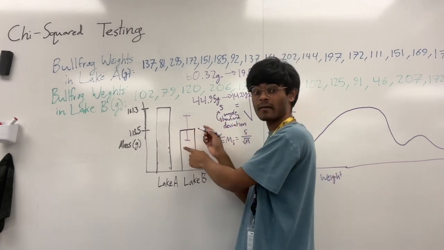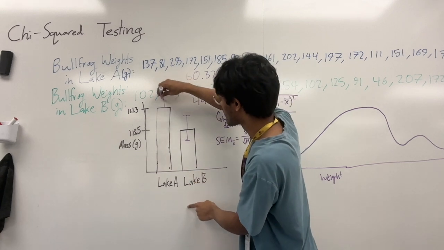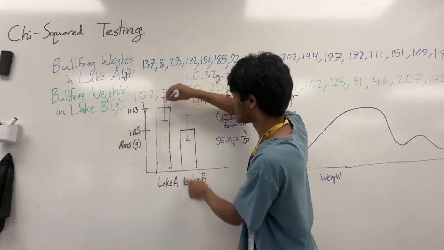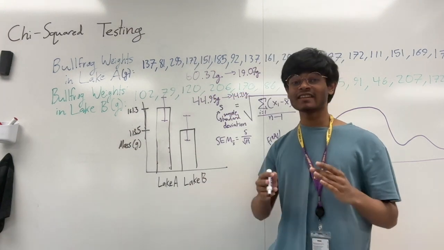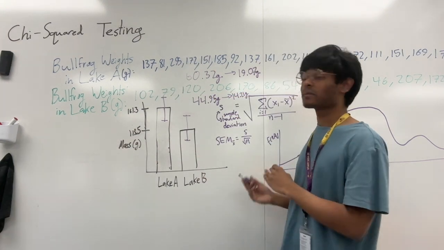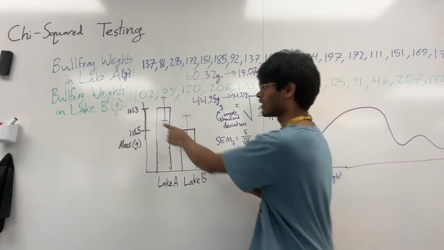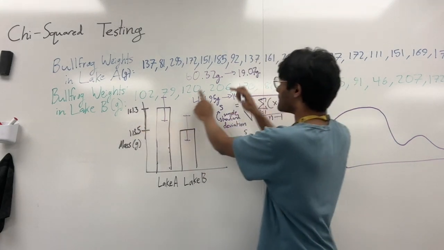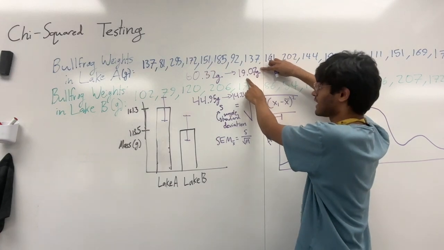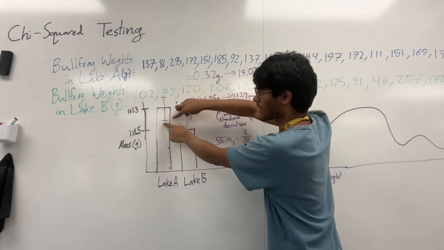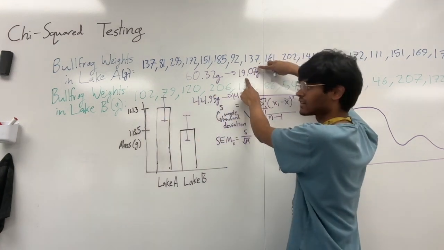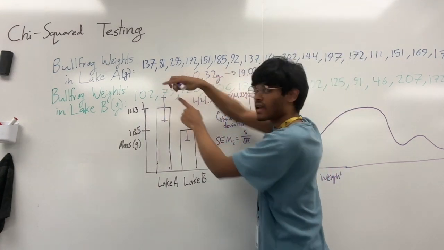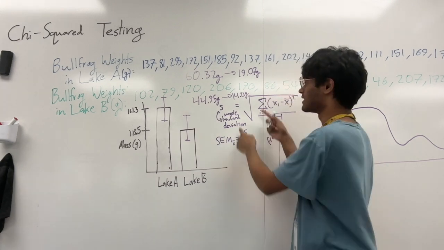We can do it for both of them. For Lake A, we're 95% confident that our mean falls between these two bounds. We can be 95% certain that the real population mean falls somewhere between 161.3 minus 2 times our standard error down here to 161.3 plus 2 times our standard error of the mean up here. But we can say the same thing for the bullfrogs in Lake B.